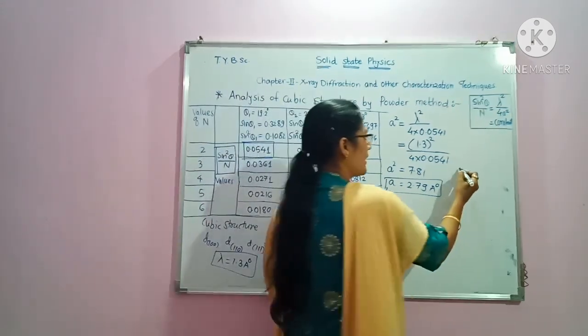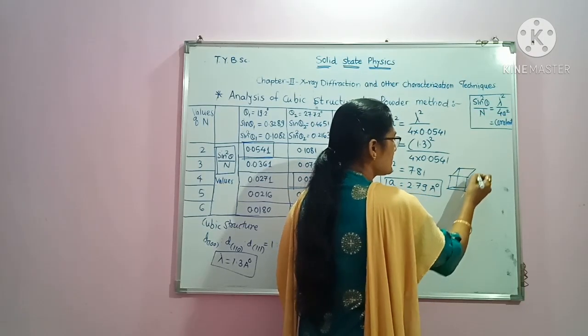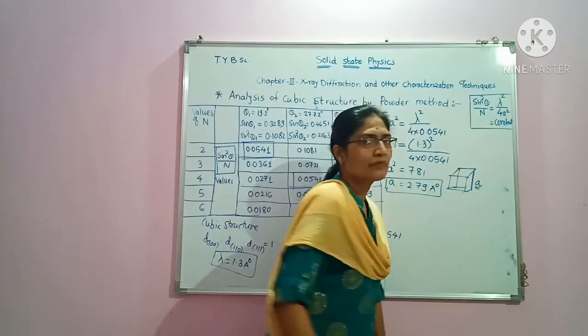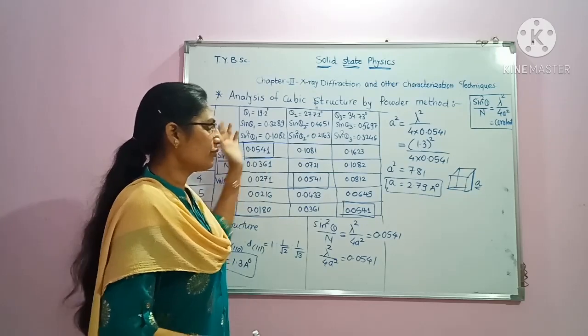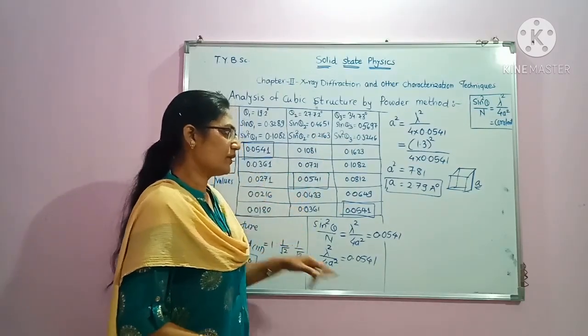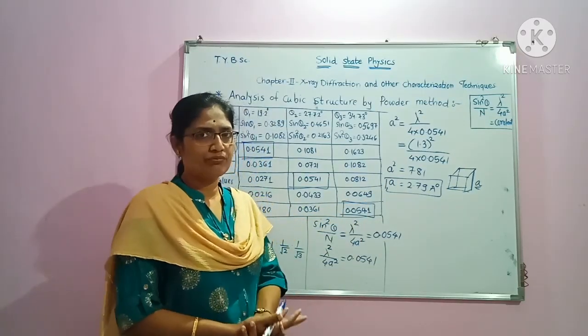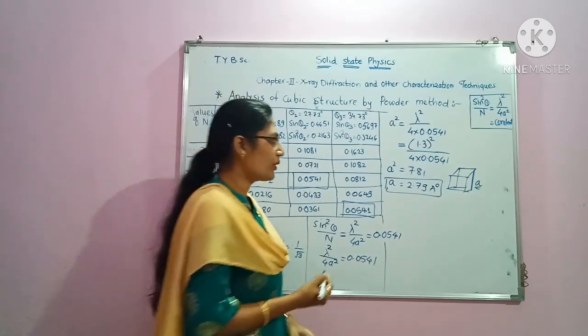So we have obtained the value of A as 2.79 angstrom, and we know that A is nothing but the cube edge. If we draw a cube like this, then this value is A. So we have obtained the value of A with the help of the experimental data that we have considered. Now by using this A value, one can find out the value of D, that is interplanar distance. So what is the formula for D?